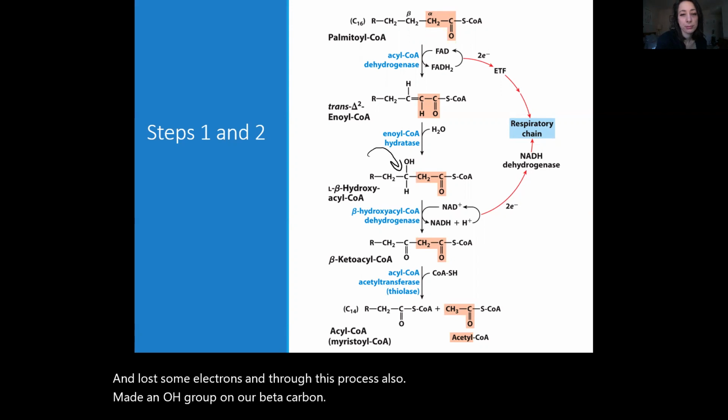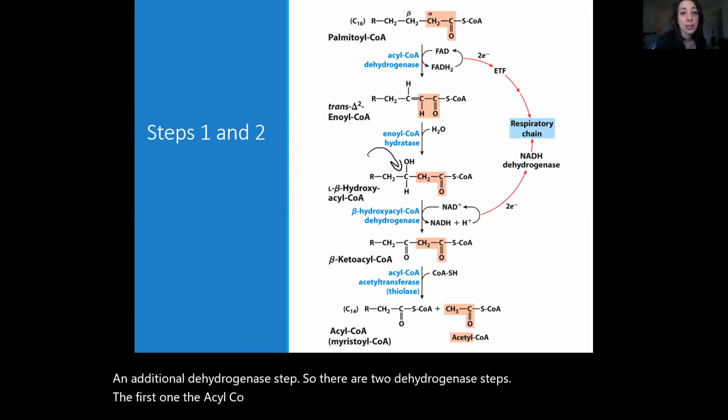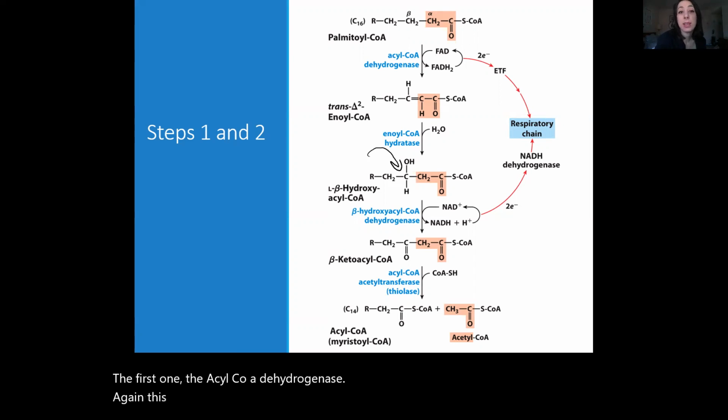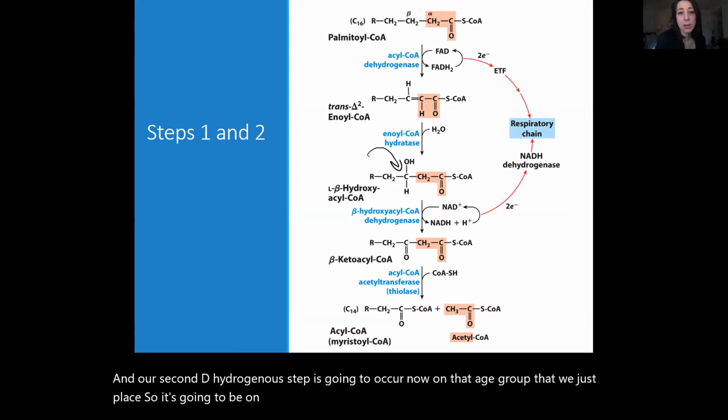This third part here is going to be an additional dehydrogenase step. So there are two dehydrogenase steps. The first one, the acyl-CoA dehydrogenase. Again, this is saying that it's doing a dehydrogenase step on the original acyl-CoA. And our second dehydrogenase step is going to occur now on that OH group that we just placed. So it's going to be on the beta hydroxy acyl-CoA.